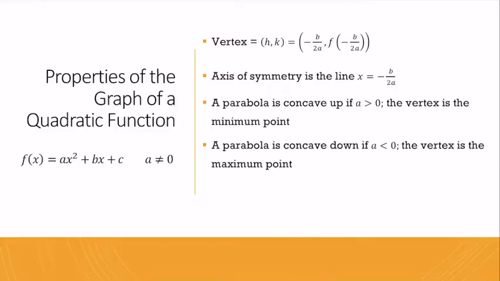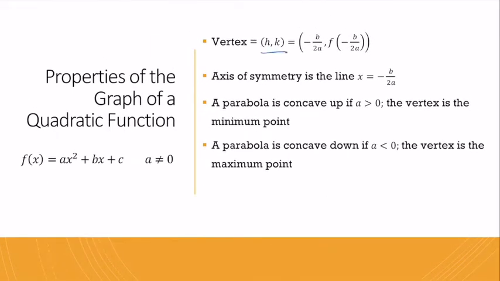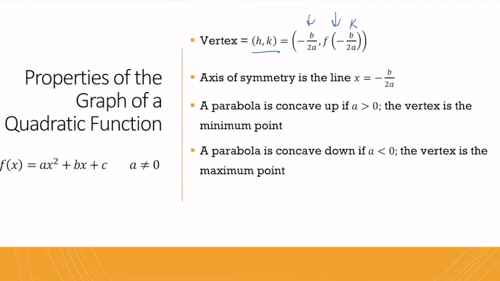So friendly reminder, our vertex is (h, k). h is negative b over 2a, and then if I substitute that into my function, I can find my k, which is f of h. I'm going to have a line of symmetry at h, so when x equals h, or when x equals negative b over 2a.